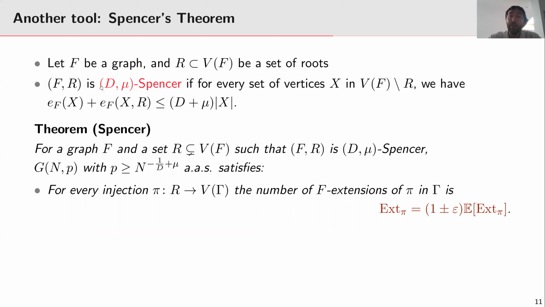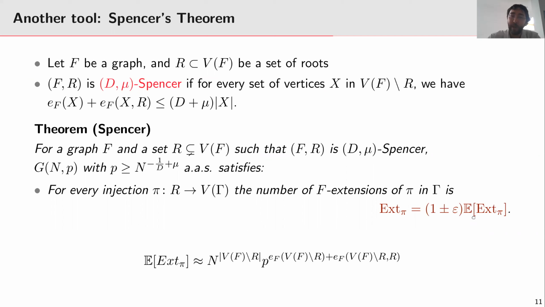If a graph together with the set of roots satisfies this density condition, and P has this form, which is what we care about, n to the minus 1 over d plus mu, then wherever we put the roots, the number of extensions will be very close to its expected number.